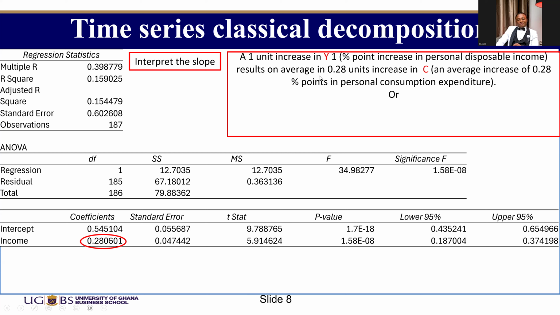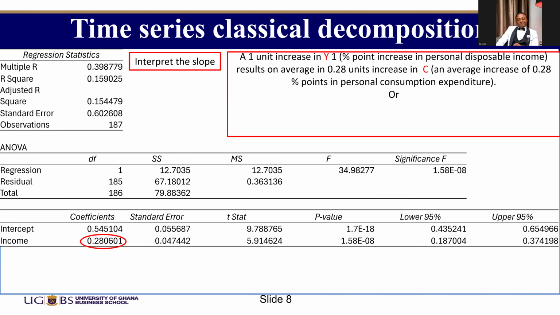Now, I just want you to note that every time you're interpreting this, bring the word on average. On average, or holding all the other factors constant. In this case, there are no other factors. The only factor is income. That is why it wasn't explicit here.